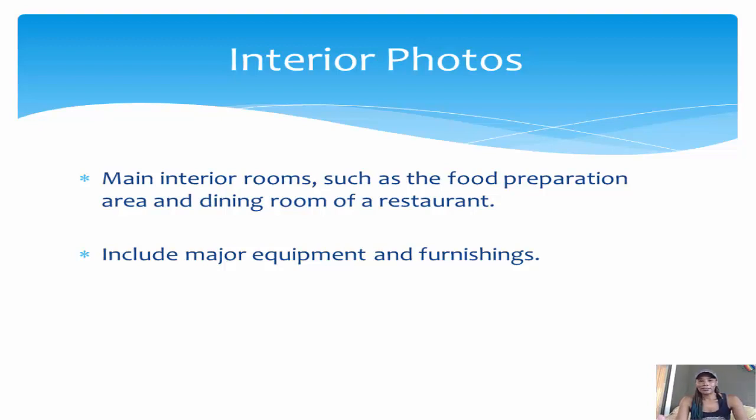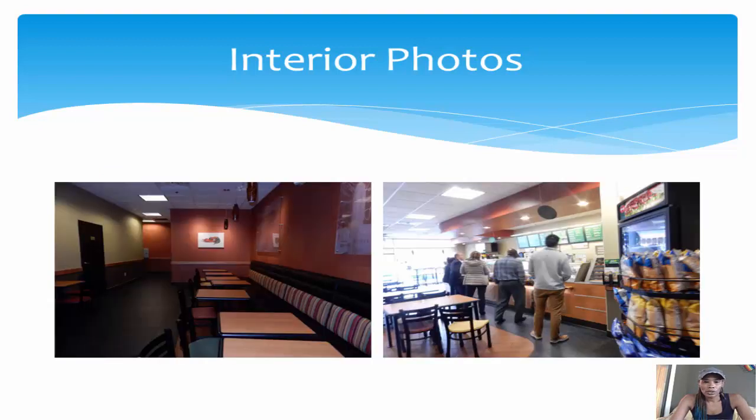Like something like a restaurant, you want to make sure that you get a dining room area, just like the Subway. I'll show you that in just a moment. You want to get the dining room area, the food prep area, the kitchen area. Sometimes you can get in there and get those. You want to try to capture any major equipment or furnishing that's actually inside the property. So here are just two examples.